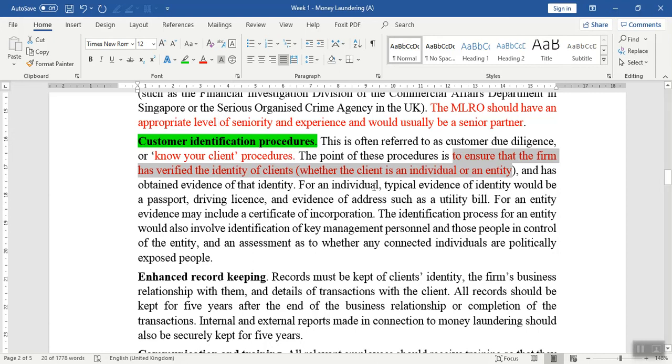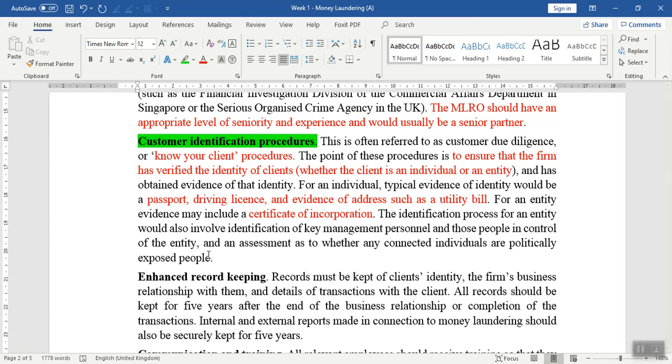What do you review? The evidence will be passport, driving license, evidence of address like a utility bill, and so on. You want to make sure this person is valid. For an entity, what do you check? You check their certificate of incorporation, to make sure they really have a license to operate.